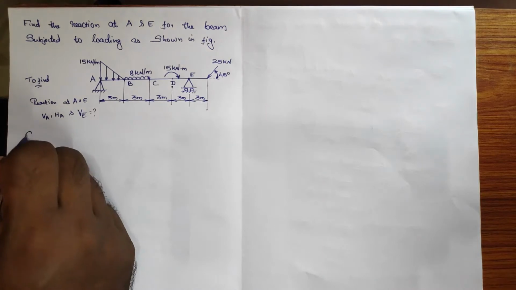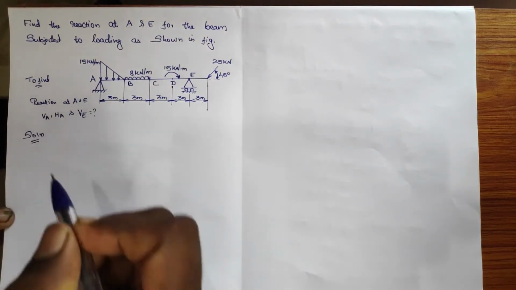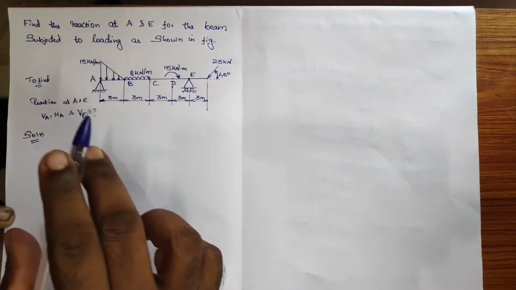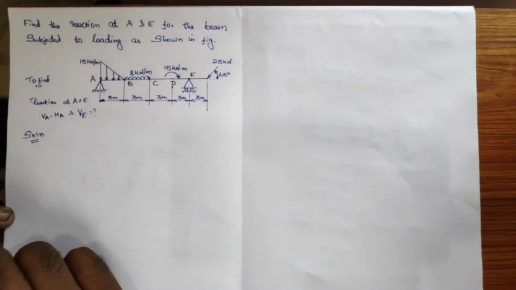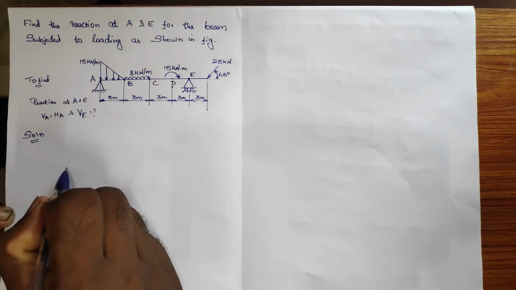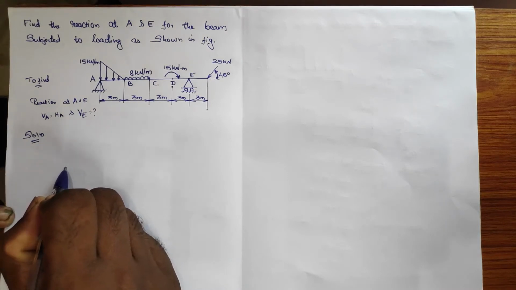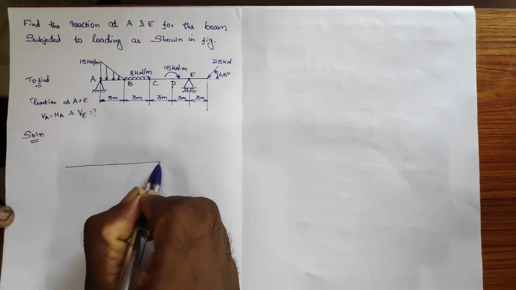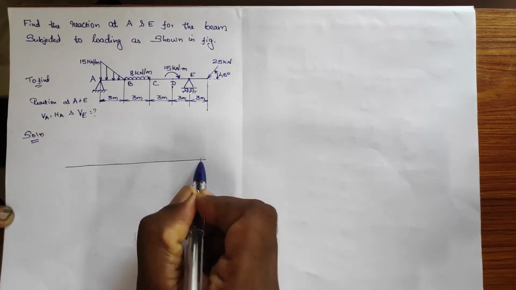Solution. First draw the free body diagram and try to get all the forces in the system, right? So for that I am just going to draw a freehand sketch of the beam.